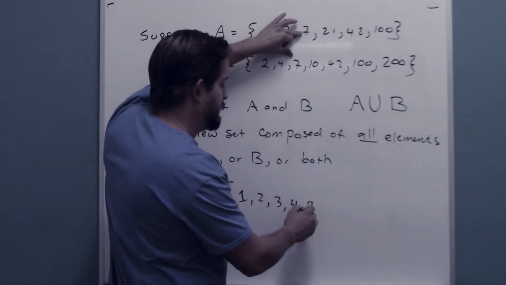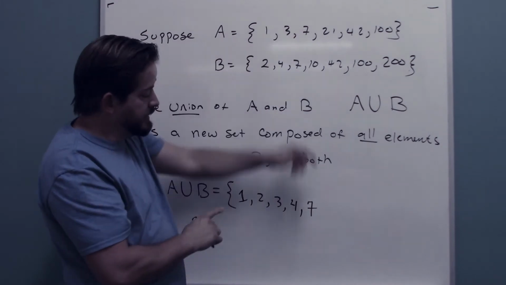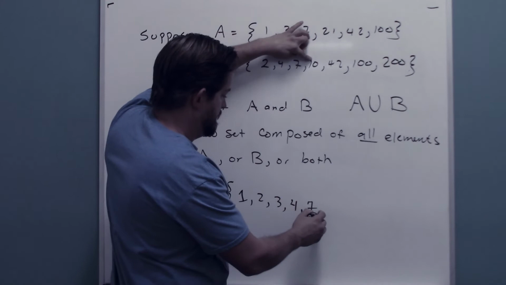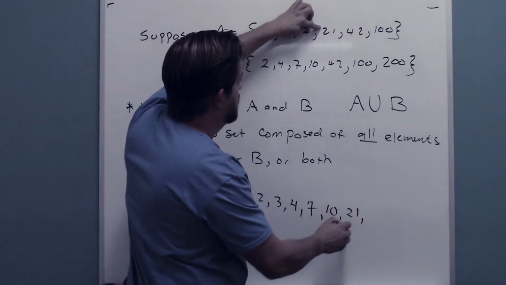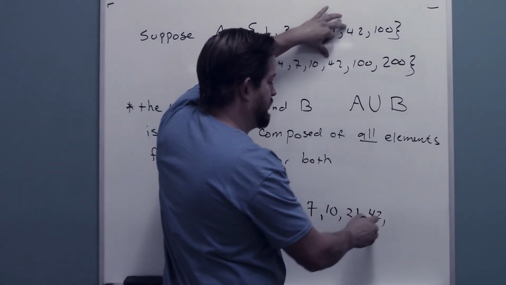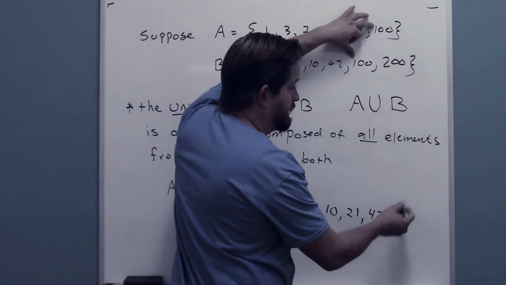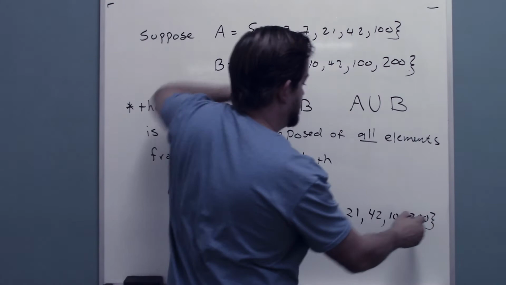All I need to know is that it's there. I don't need to write that it's twice because it's in both. So 7 and then 10 and then 21. 42 appears in both, so I'll again only write it once. 100 appears in both. Again, I'll only write it once, but then 200, and that is the union.